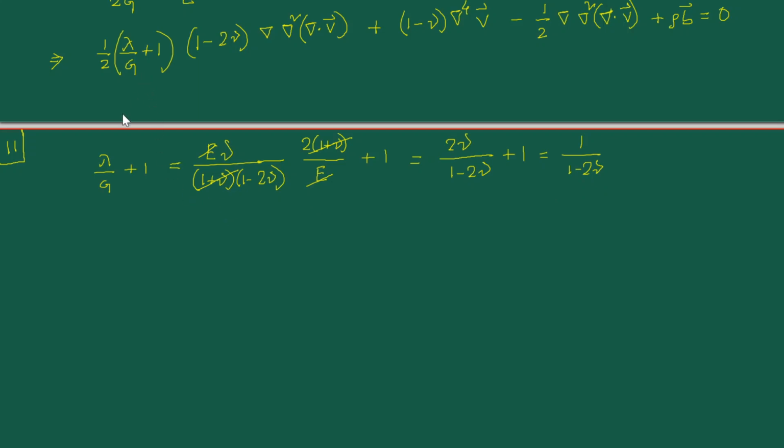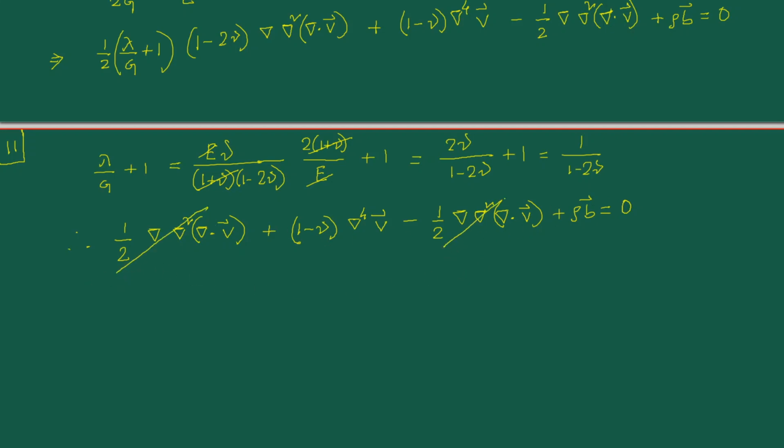So if we substitute it back here, what we are going to obtain is half grad of the Laplacian of the divergence of v vector plus 1 minus nu bi-harmonic of the v vector minus half gradient of the Laplacian of the divergence of v vector plus rho b vector is equal to 0. And of course, very nicely, this entire term cancels with this entire term.